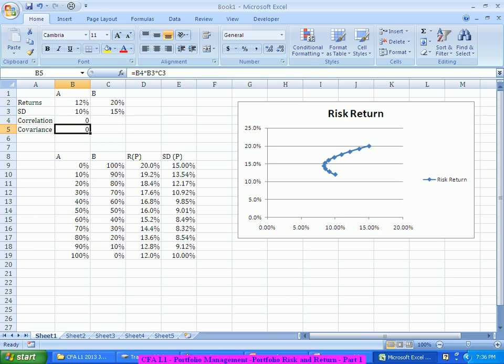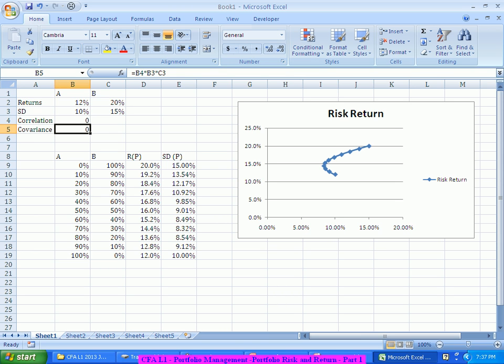If I look at it from a risk perspective, the graph would be relevant only in the upper part of the curve, not on the lower part. Because all these lower part portfolio combinations become valueless, not preferred by the investor.